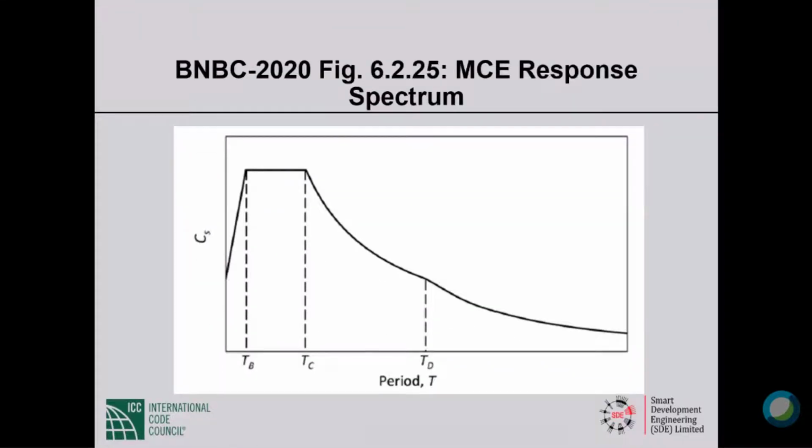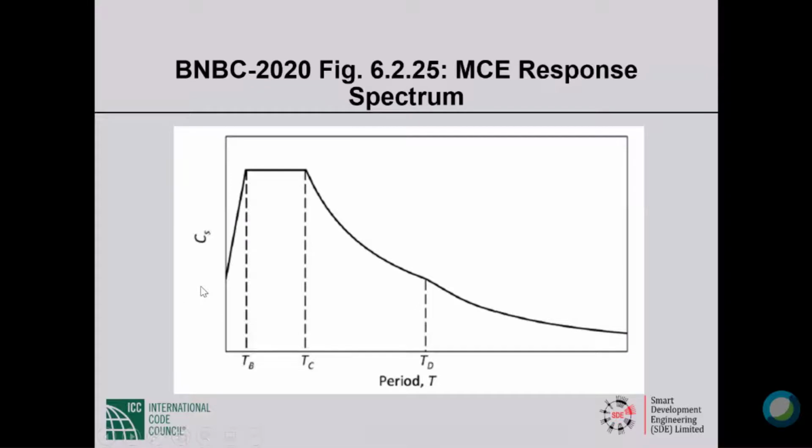In BNBC 2020, this is the spectrum, also a flat top, a descending branch, and a third branch. What is T sub S in AC 705 is T sub C here. T sub L is T sub D. T sub 0 is T sub B. There's the ramp.